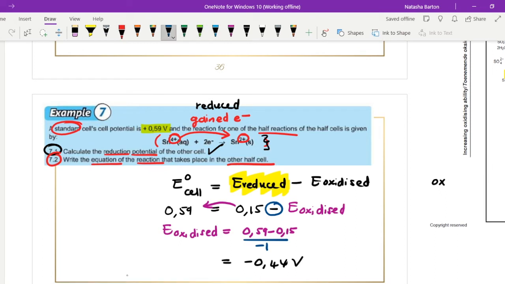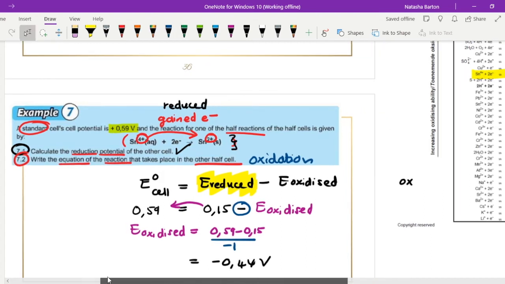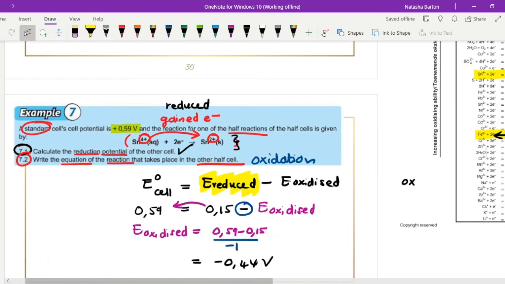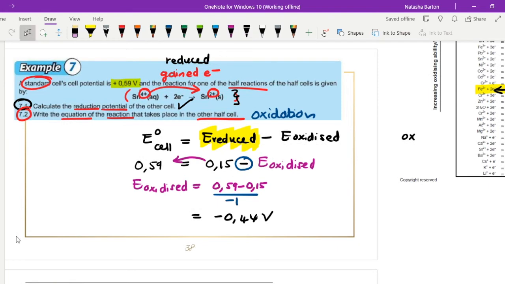So remember, the other cell, we have oxidation taking place. Okay, so it's more towards the bottom of the other cell. We look for negative 0.44. Here's our negative 0.44. Oxidation happens in that direction. So we are going to write down for question 7.2.